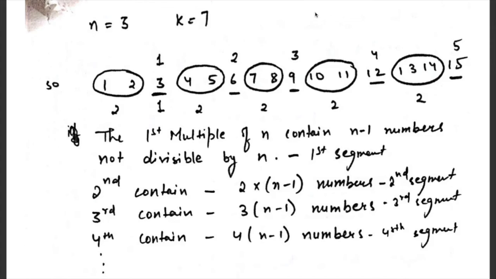That will be our answer. For this case, n equals 3 and k equals 7. We have checked that 7 divided by 2 equals 3. Then we increment the segment, so our segment equals 4. Then 7 plus 3 equals 10, which is our desired answer.